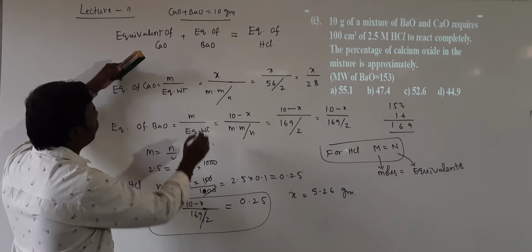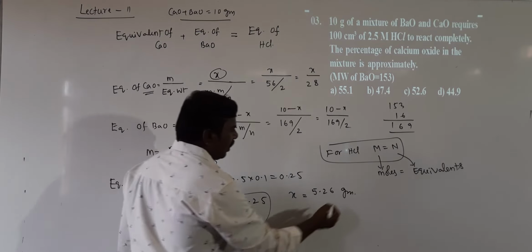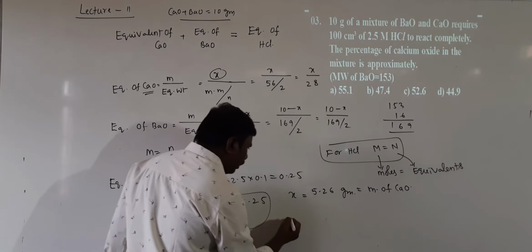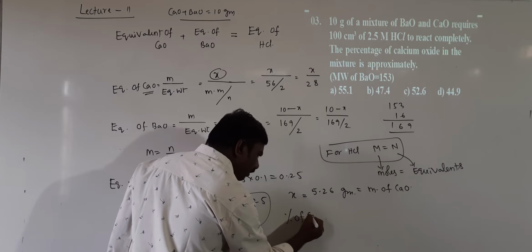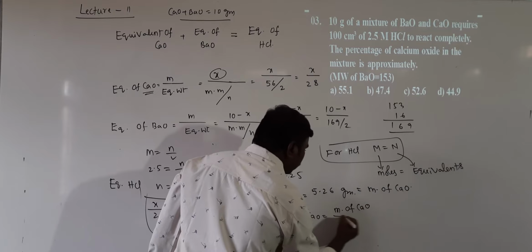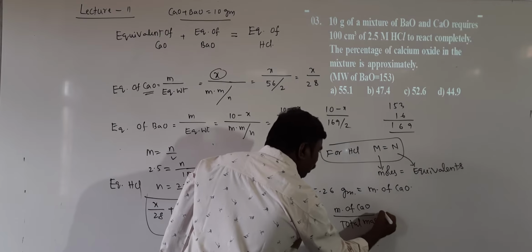X means mass of CaO. Percentage of CaO equals mass of CaO by total mass into 100.